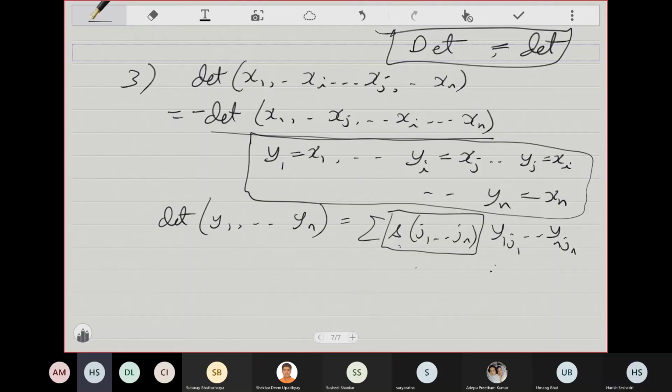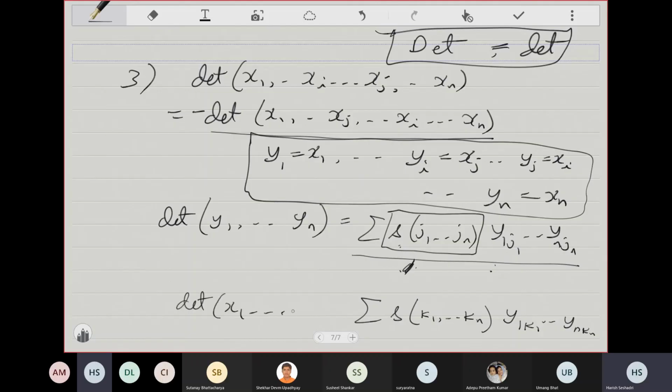So for every term here, I can set up a correspondence with the determinant of x1, x2, ..., xn.